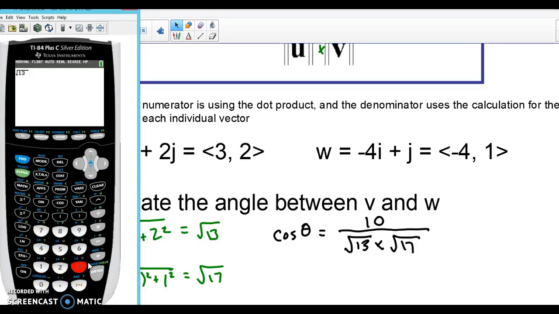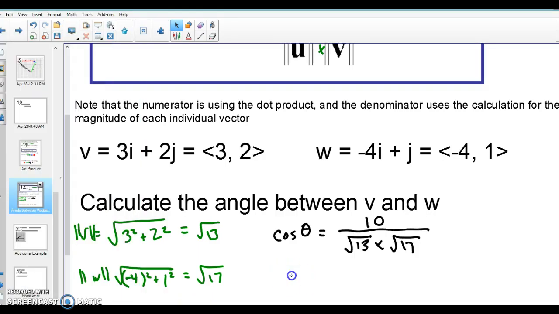Now in my operating system, notice I can tell that I'm still under the root, so I need to hit the right arrow key so that the root ends and hit times root 17. If you have the older operating system, you would have had an open parenthesis after that first root, close it, and then do times the second root, so you don't end up having a root under a root. And 10 divided by that value.